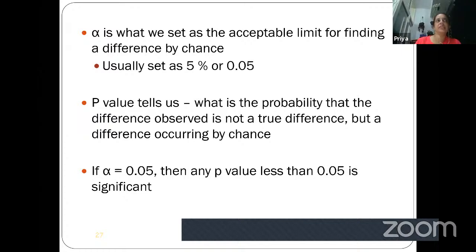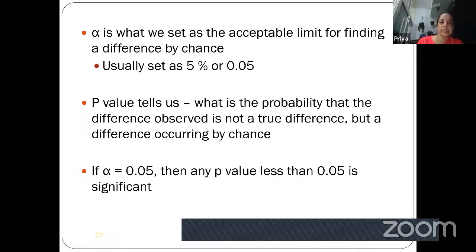The p-value is calculated at the end of the study, and it tells us, for the difference that you have found, what is the probability that it is not a true difference and is occurring by chance. Now, if you have set your limit at 5%, then your p has to be less than 0.05 to be considered significant. So p always has to be interpreted in the context of the alpha that you started with.